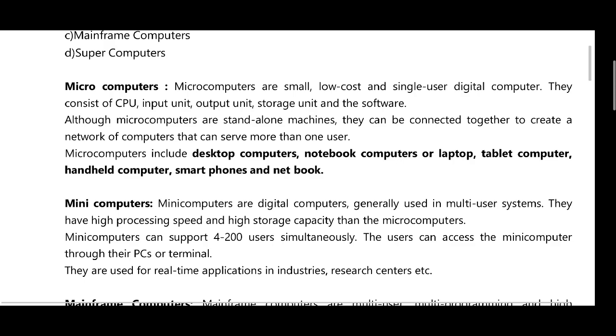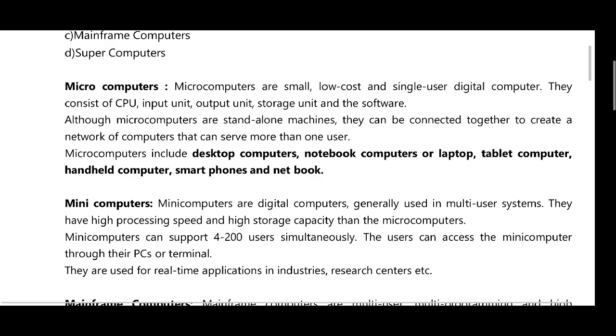Minicomputers can support 4 to 200 users at a time. The users can access the minicomputer through their PCs or terminals. They are used for real-time applications in industries, research, etc.